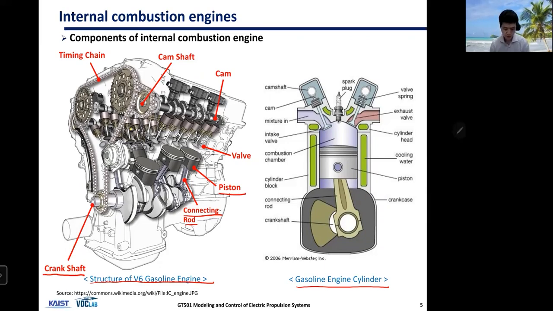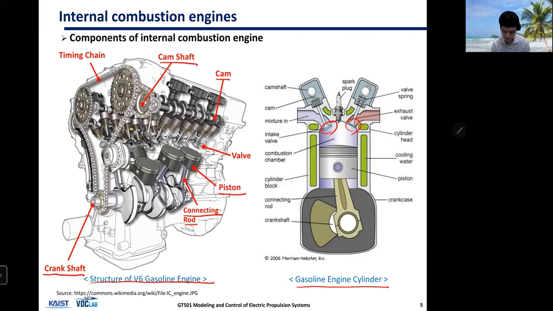So we are getting mechanical energy in the form of rotational motion, which is the crankshaft output. And then there's a cam, which pushes the intake and exhaust valves.